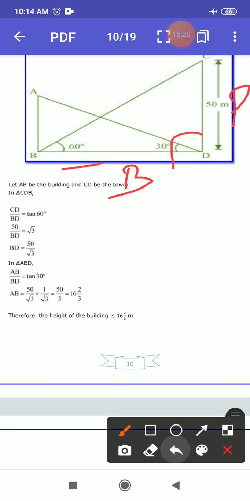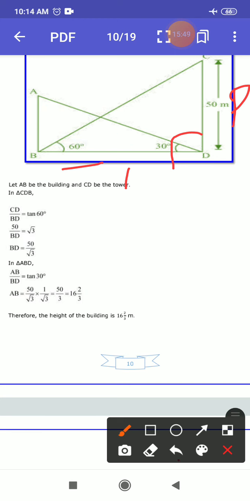Then you put the value of CD as 50, so 50 upon BD is equal to tan 60. The value of tan 60 is root 3, and after calculation BD is equal to 50 upon root 3. Then you come to the other triangle, ABD.